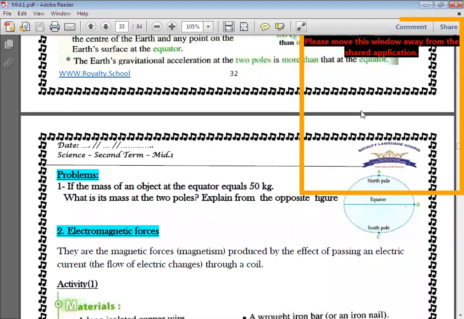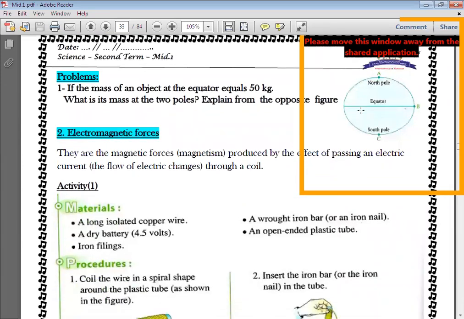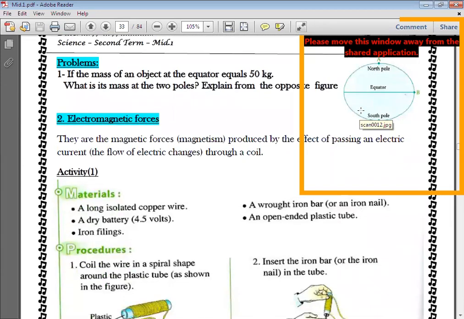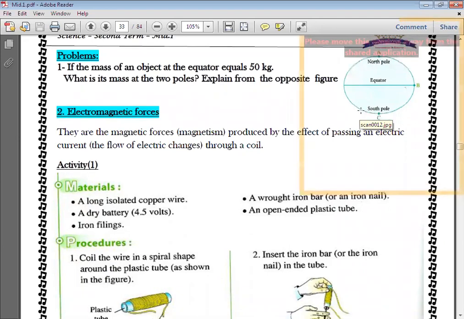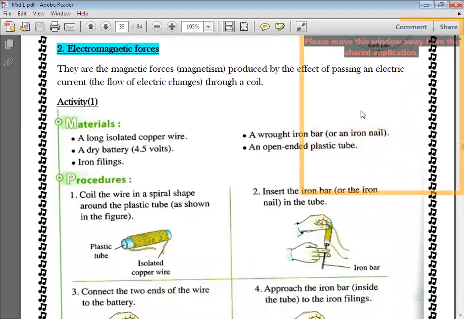The second type of force in this lesson is electromagnetic force. We studied it before in Junior 5. There are magnetic forces, magnetism produced by the effect of an electric current, the flow of electric charges, passing through a coil. Look at the opposite figure with me.